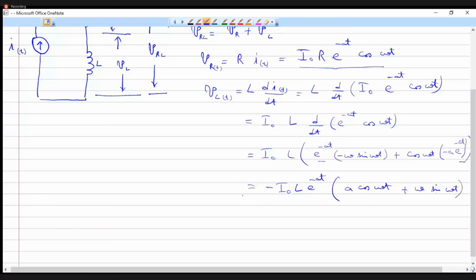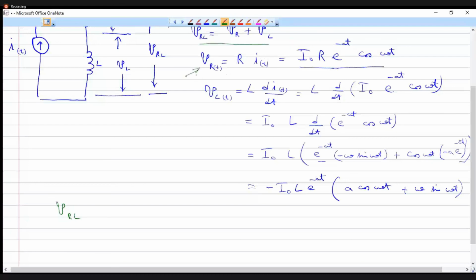Now we can write what is the total voltage VRL, which is equal to VR plus VL. So VR we have found out to be equal to this thing, right? So VRL is equal to VR plus VL.